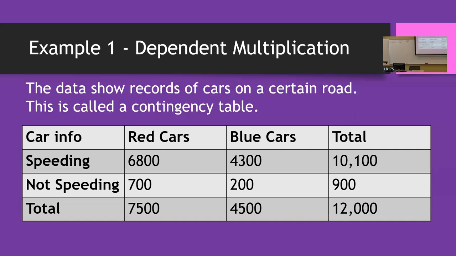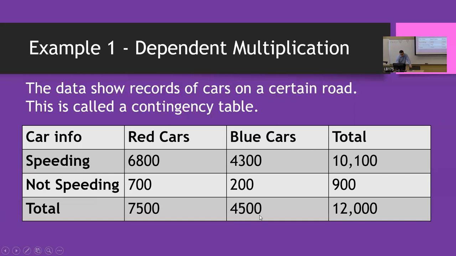So you can see that out of the total of 12,000, the total number of red cars is this 7,500 number. Of those red cars, 6,800 were speeding, and only 700 were not speeding.